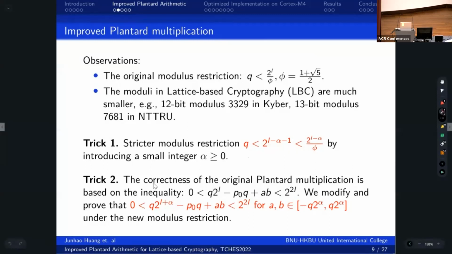After that, we observe that the correctness of the original Plantard multiplication is based on this equation being bigger than 0 and smaller than 2 to the power of 2L. We modify the original equation into a new equation, and we also show that this new equation is also bigger than 0 and smaller than 2 to the power of 2L for AB in this domain.